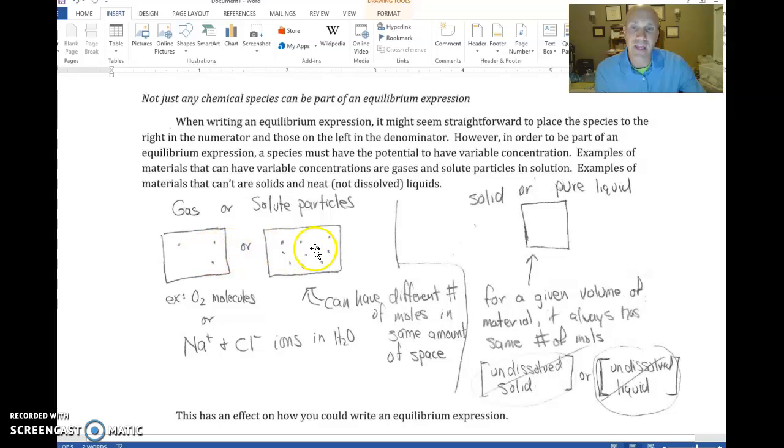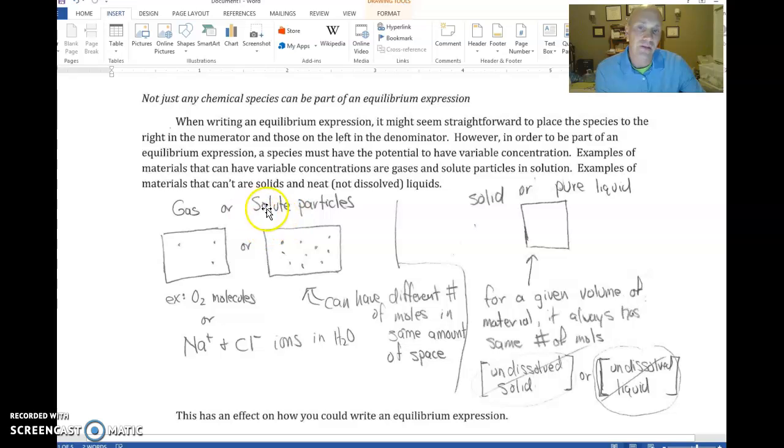One thing we know about gas particles is that the space between them can be reduced so that you can fit a lot more in the same amount of space. So is there a certain number of moles in this area right here? Yes. And can you divide that by the volume? That would correspond to the concentration here. So notice in the same volume you can have different amounts of moles of a gas.